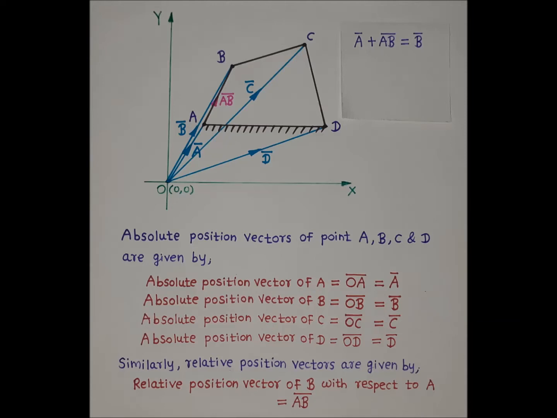So we are saying relative position vector of B with respect to A is AB bar. Can we write any relation for AB bar? If we observe this figure, we can apply triangle law of vector addition, and then we have a relation like this: A bar plus AB bar will be equal to B bar.